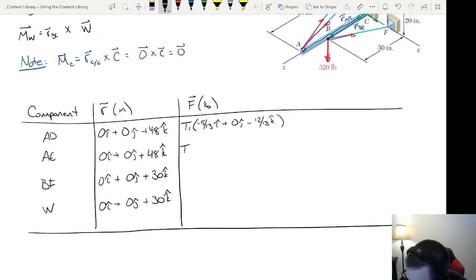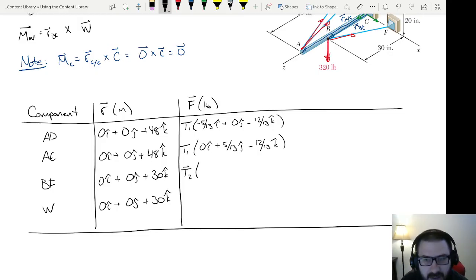And then this one is also T1. This is 0I plus 5/13J minus 12/13K. There's probably a more efficient way of doing this in your homework calculations and whatnot.